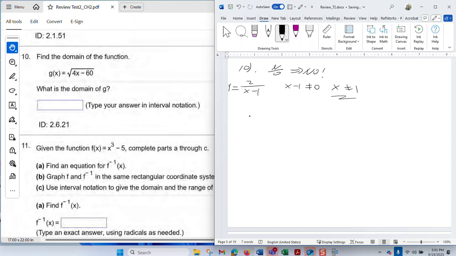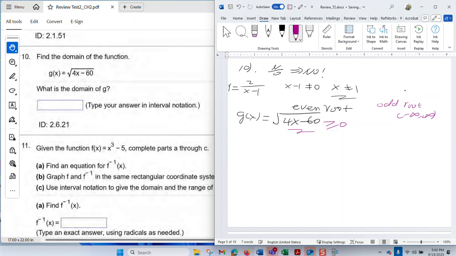But with this one right here, when you have a square root, g of x is equal to square root of 4x minus 60. This square root is considered an even root. For an even root, everything inside the root has to be greater than or equal to 0. That means it cannot be negative. An odd root, like a cube root, can be anything. A cube root can be all real numbers.